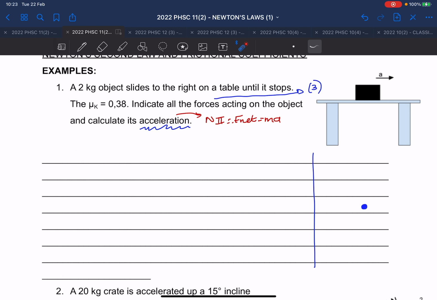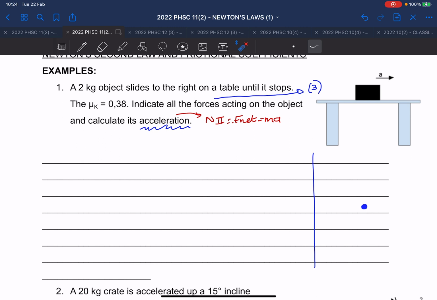If something slides, does it mean someone is pushing it the whole time? No. If it slides, it means someone did push it, but then it's on its own, and then it comes to a stop. So someone did push it, but we're not considering when someone was applying the force. It is now when someone is not applying the force anymore. It comes to a stop.